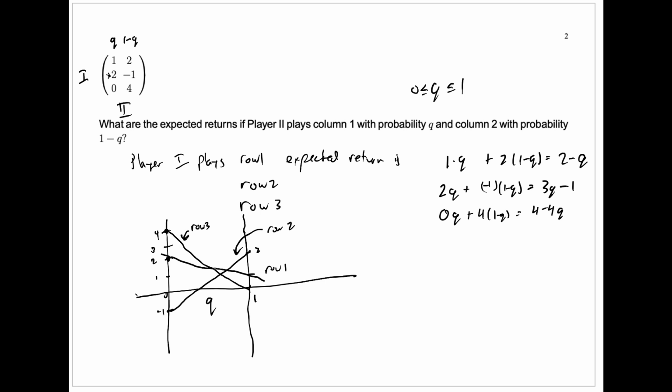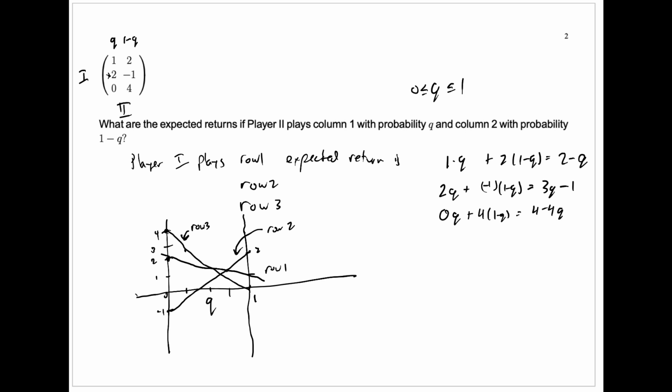Well, if player 2 plays a value of q like this, then player 1 might play row 3, and the return would be way up there. If player 2 plays a q, say here, again row 3 would be the highest. If player 2 plays a value of q here, that might be right at the intersection point, and that might be either row 2 or row 1.